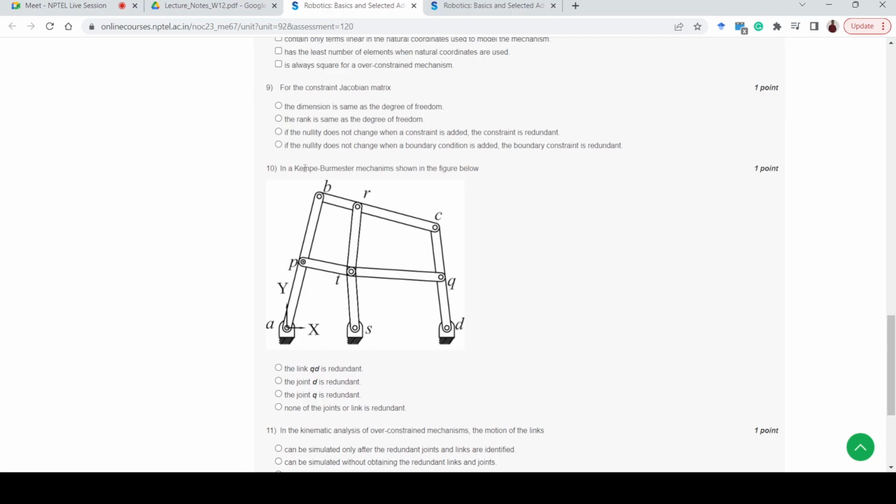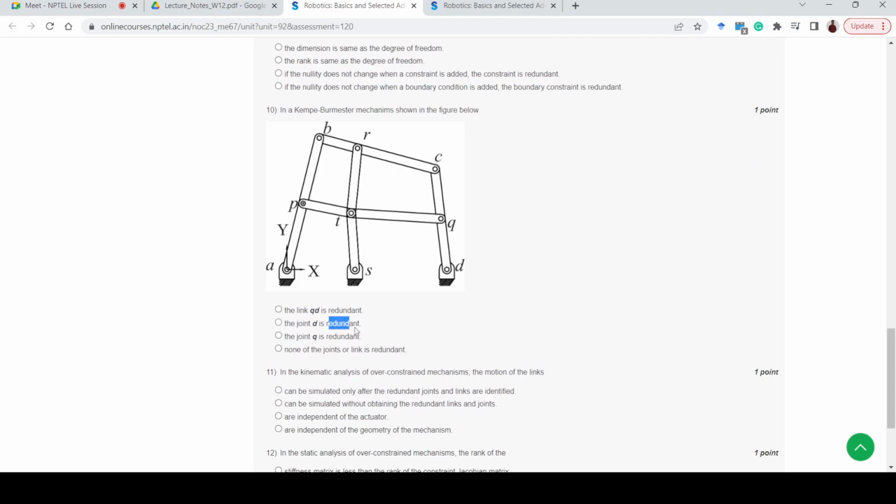Okay, but for example, in this question 10, you'll have to think about what is meant by a redundant joint.